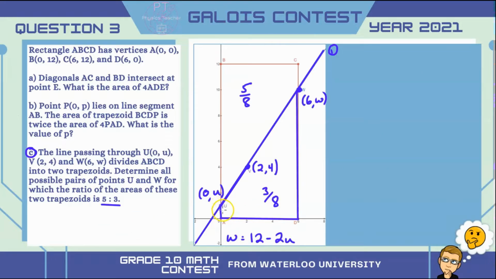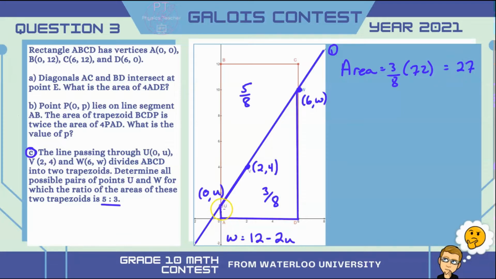Okay, so let's focus on this trapezoid UADW. Now since it's going to be 3/8 of the entire rectangle, and we found in a previous question the area of the entire rectangle is 72, the area of that trapezoid is going to equal 3/8 of 72, which is 27.